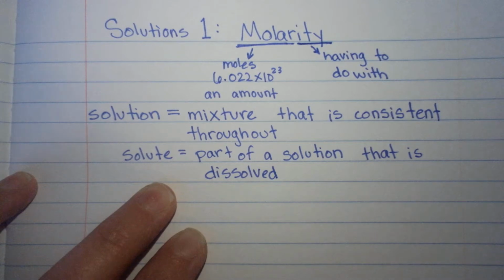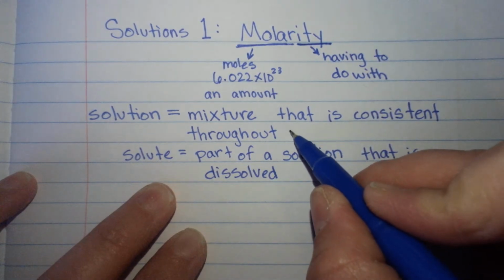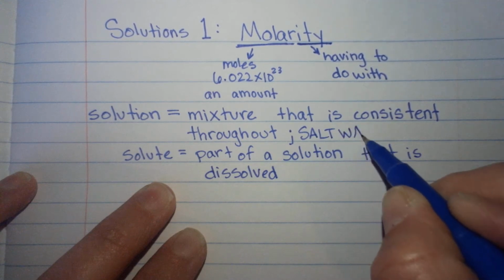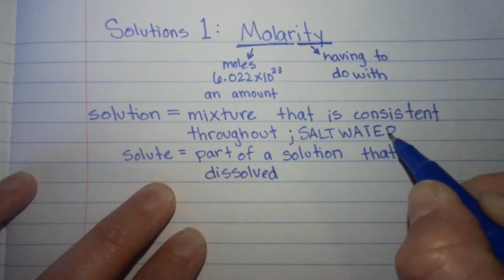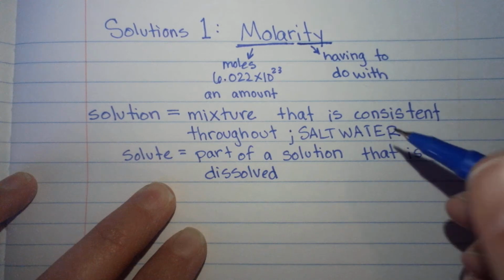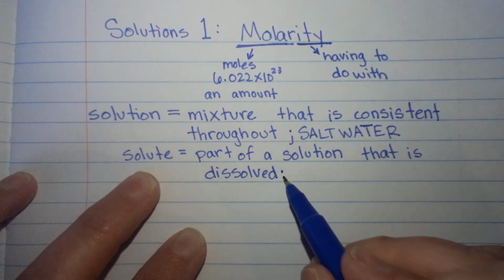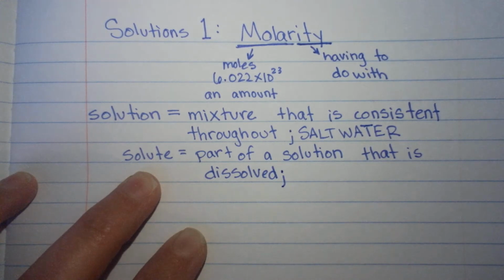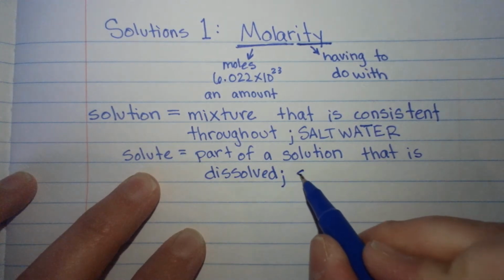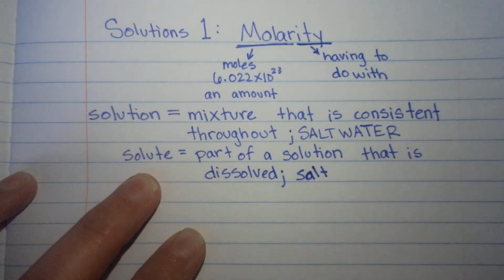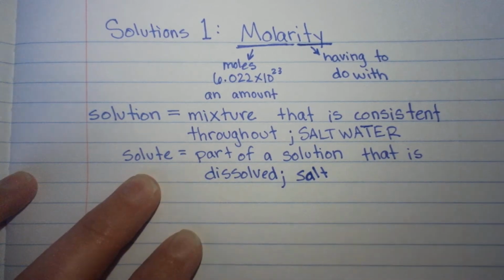So, let's use the example of salt water. The solute, what is dissolved in salt water? The salt, right? The salt is dissolved. So the solute would be the salt.